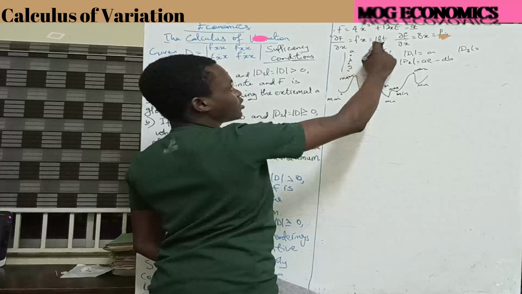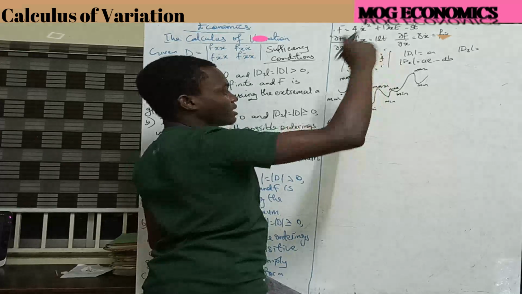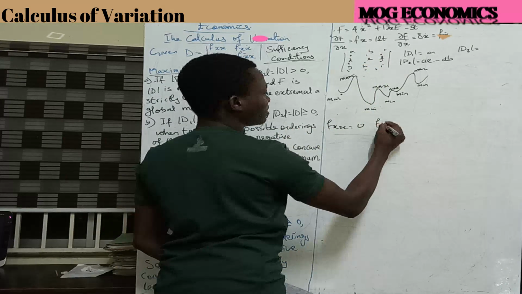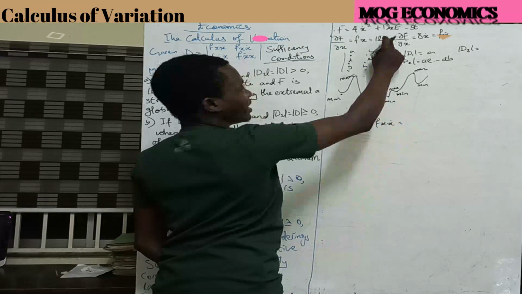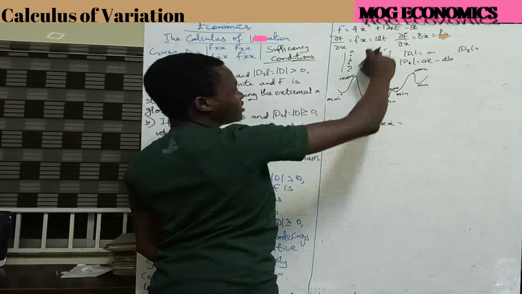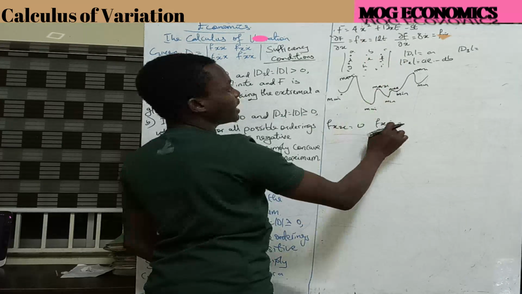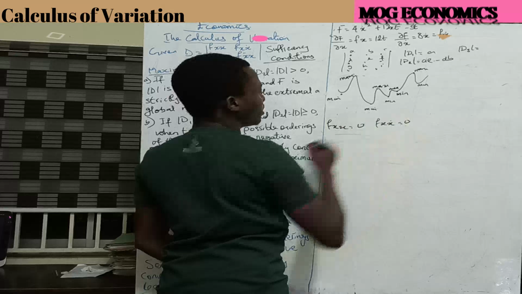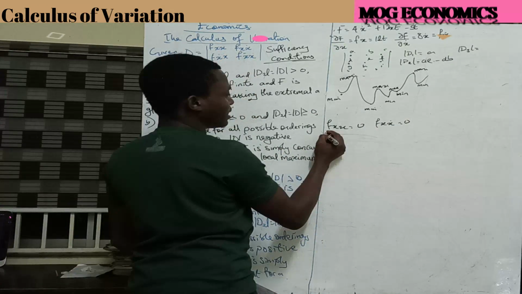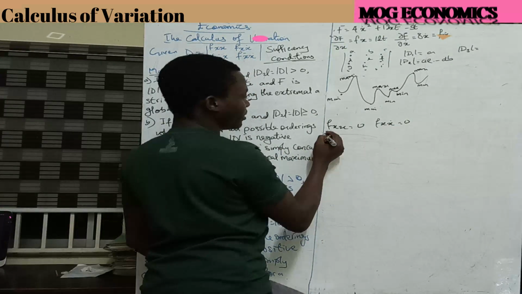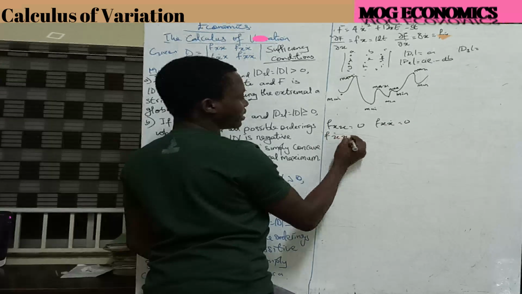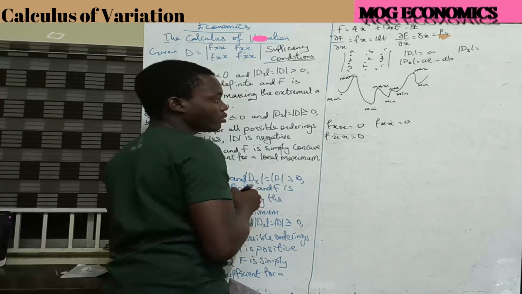Fx is also 12t. So Fx x dot, that is the cross partial derivative. There's no x dot in this place as well. So when you differentiate Fx with respect to x dot, you also have 0. And we know that Fx x dot is the same as Fx dot x. This one is also equal to 0.